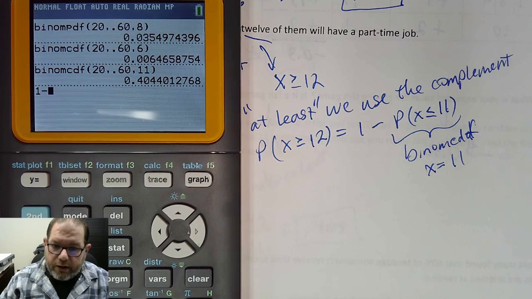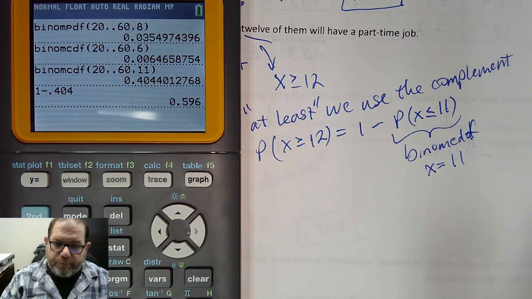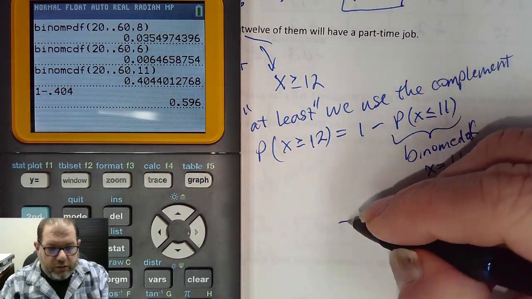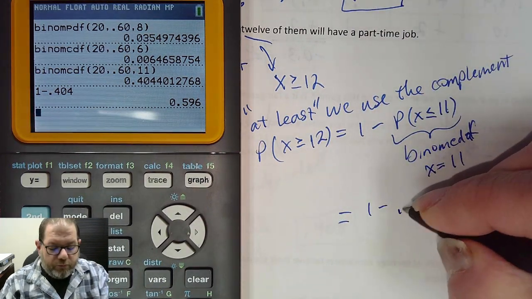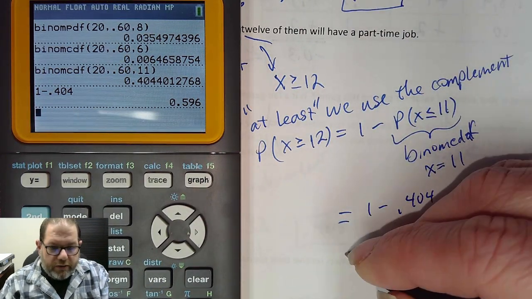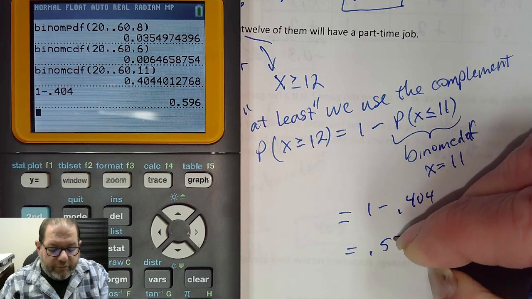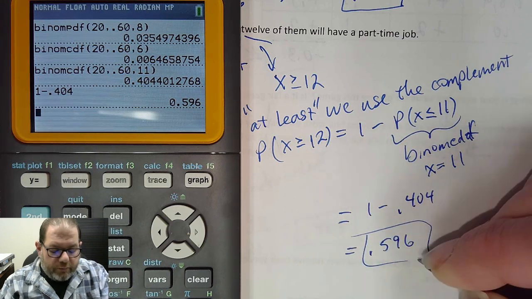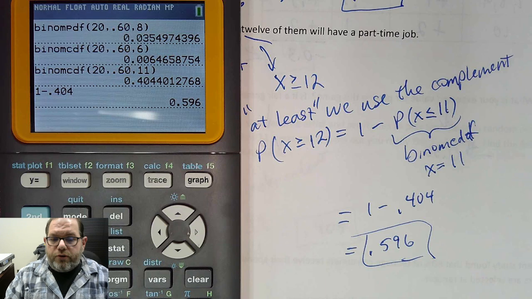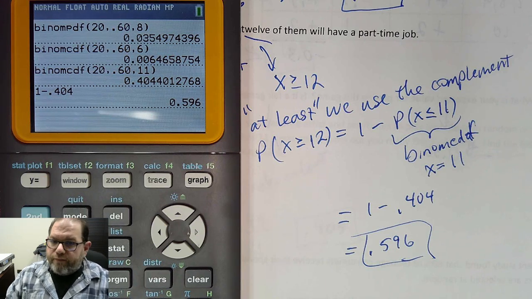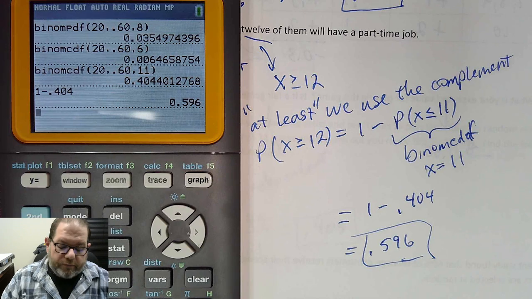But now we want 1 minus 0.404. And so 1 minus 0.404 gives us 0.596. So the probability that it's going to be 12 or more is actually 0.596, about 60% chance that that would happen.